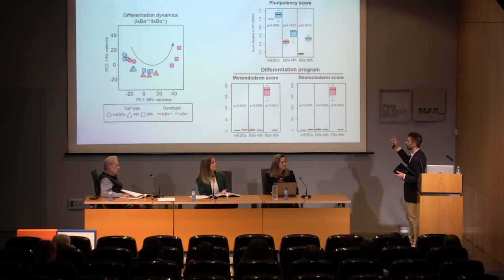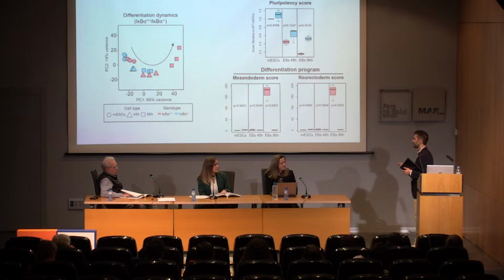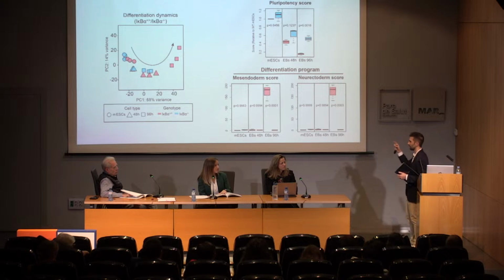But I also have to say that this differentiation is mainly endoderm and mesoderm, and they also generate some neurons. But what I saw was a massive defect also in Wnt, beta-catenin, that is also regulating the gastrulation and mesoderm, endoderm specification.